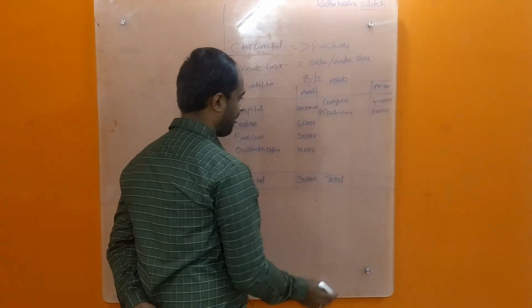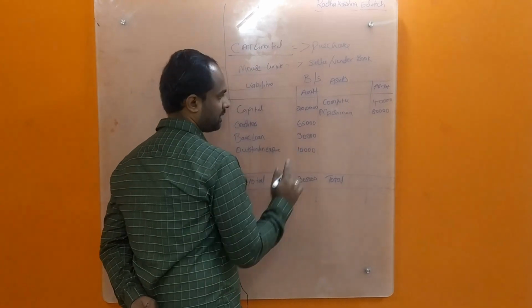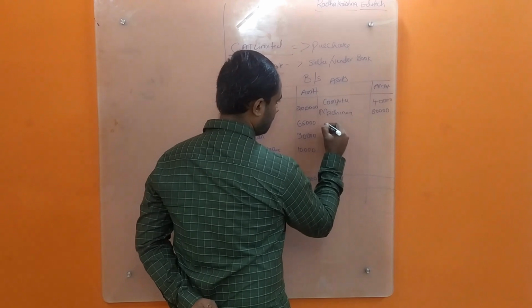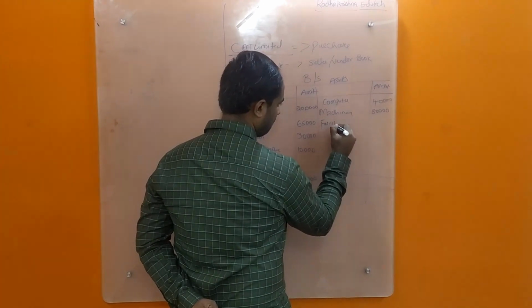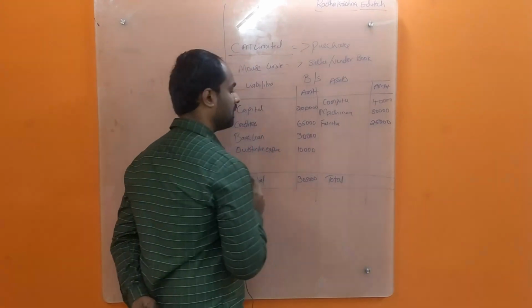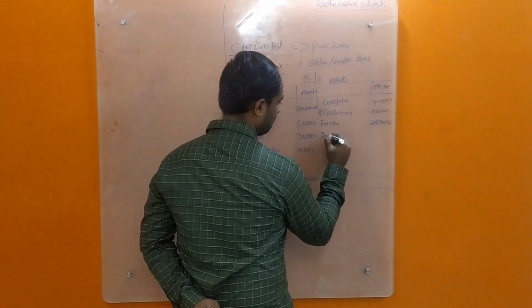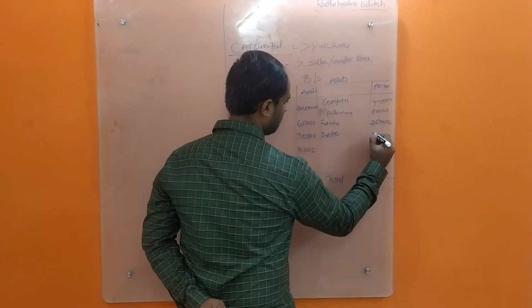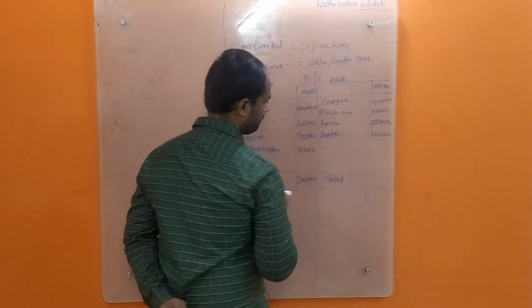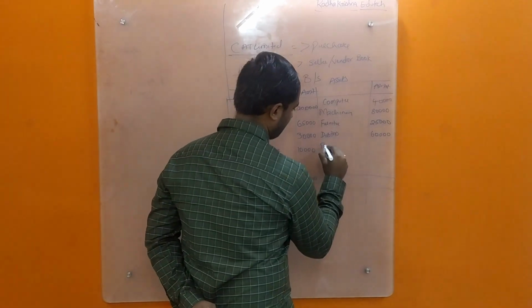This is my total. So machinery 80,000. Then furniture 25,000. Then debtors 60,000. Then bank account.